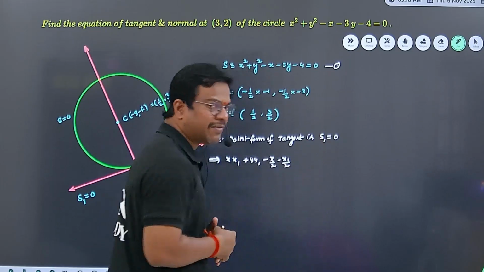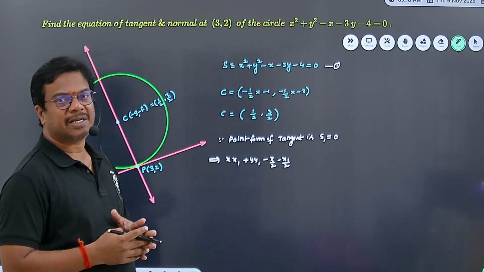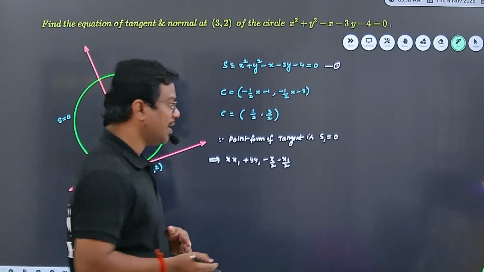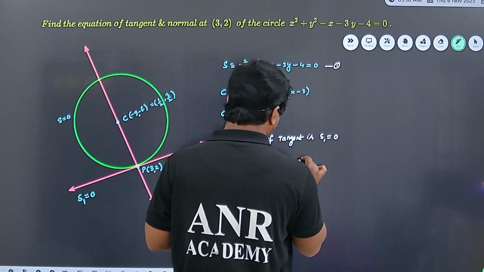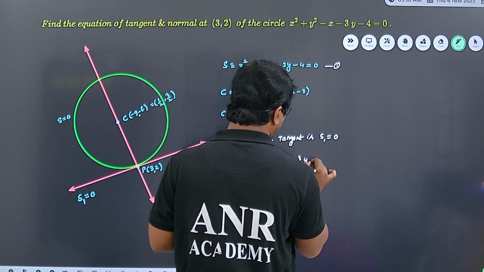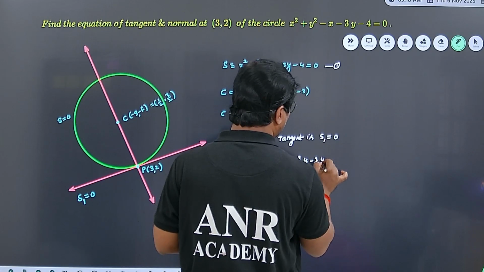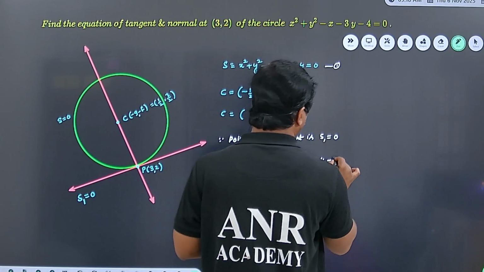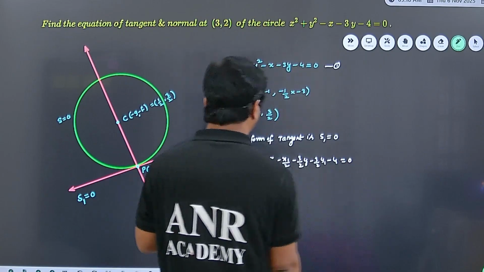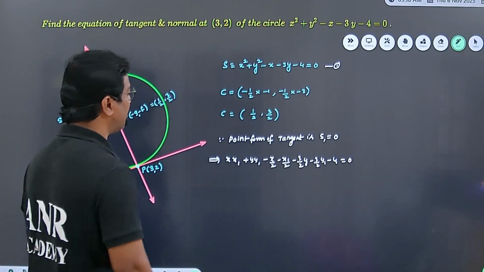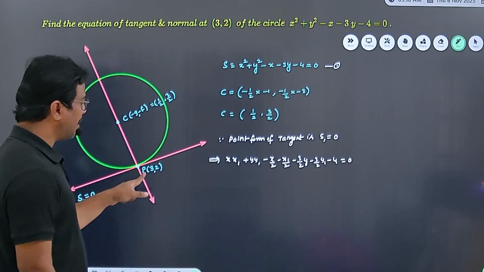You have minus 3y. Minus 3y you can split as minus 3 by 2 y minus 3 by 2 y1. Minus 4 equal to 0. Now substitute the point P 3 comma 2.